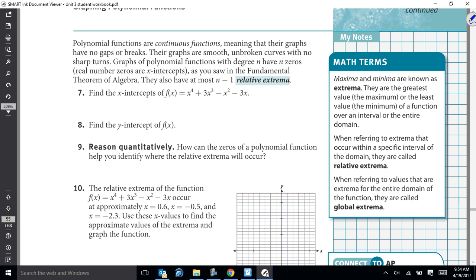So it says find the x-intercepts. Looking at all 4 terms, I have 4 terms, right? So I automatically think grouping. All right, so if I group the first 2 and the second 2, looking at the first 2 terms, what do they have in common? They have x cubed in common. So when I take out x cubed, x to the 4th dividing out x cubed, what's left?